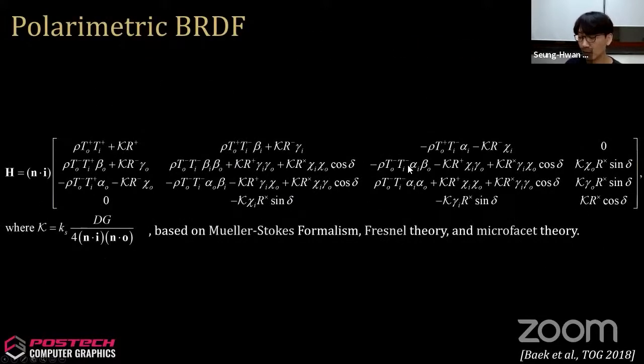In our previous work, what we did was to propose an analytical model of polarimetric BRDF based on Mueller-Stokes formalism, Fresnel theory, and microfacet theory. It is too much detail if I explain these terms one by one.